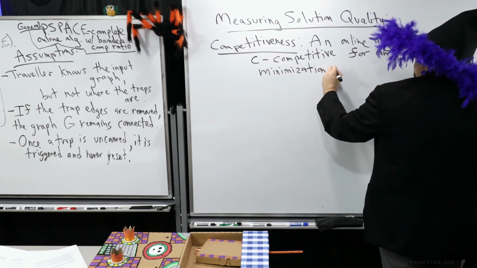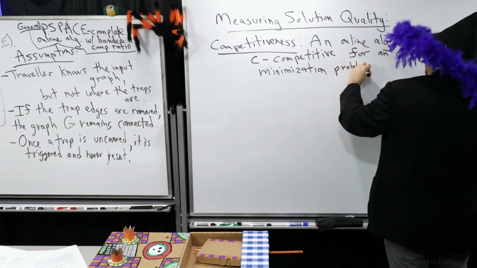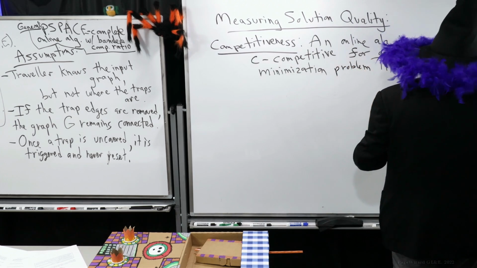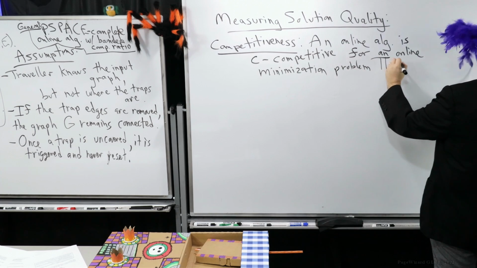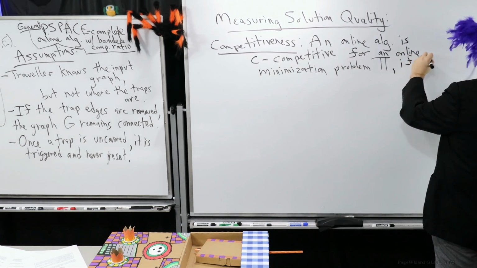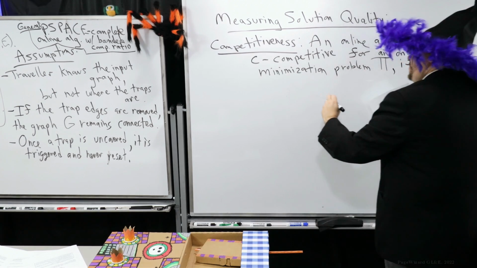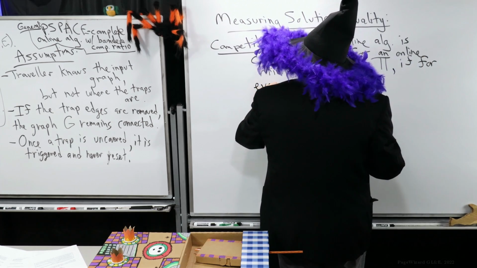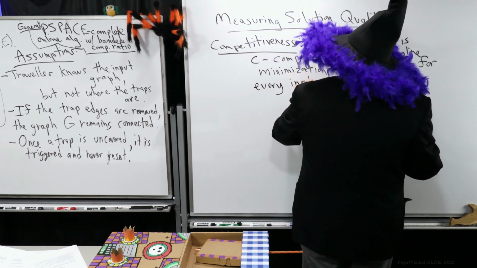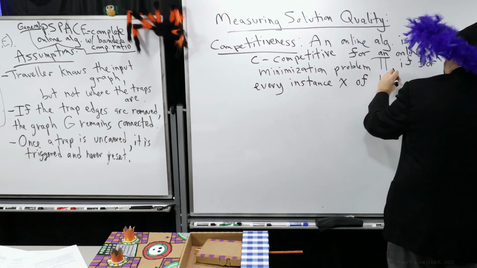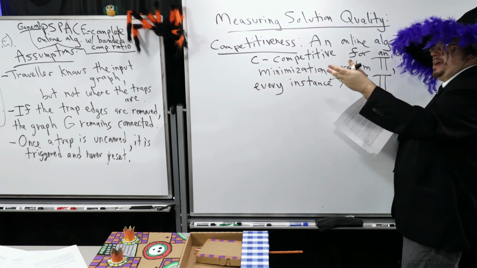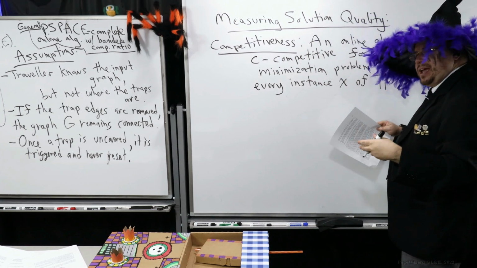An online minimization problem. I'm going to call that capital Pi. Hopefully I'm not making you hungry for pi. If for every instance x of pi, remember x is just the graph and of course our trap edges, and k.